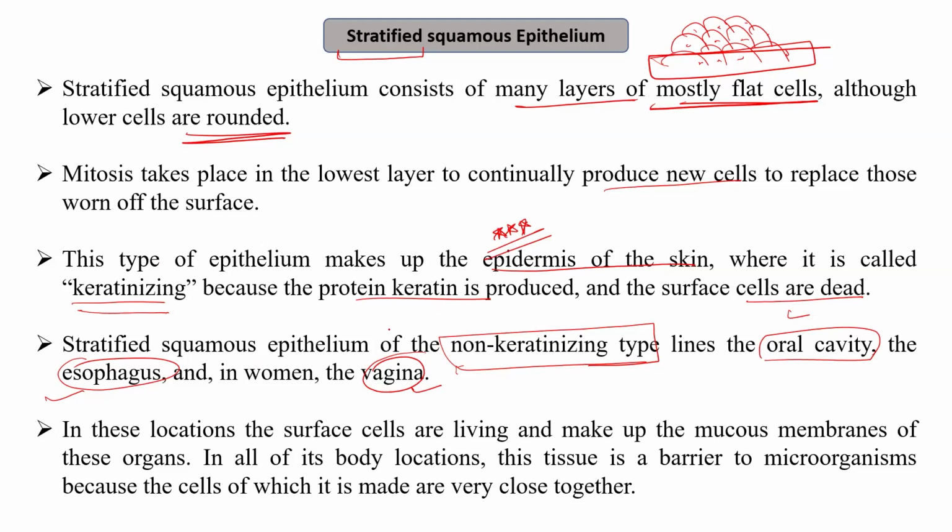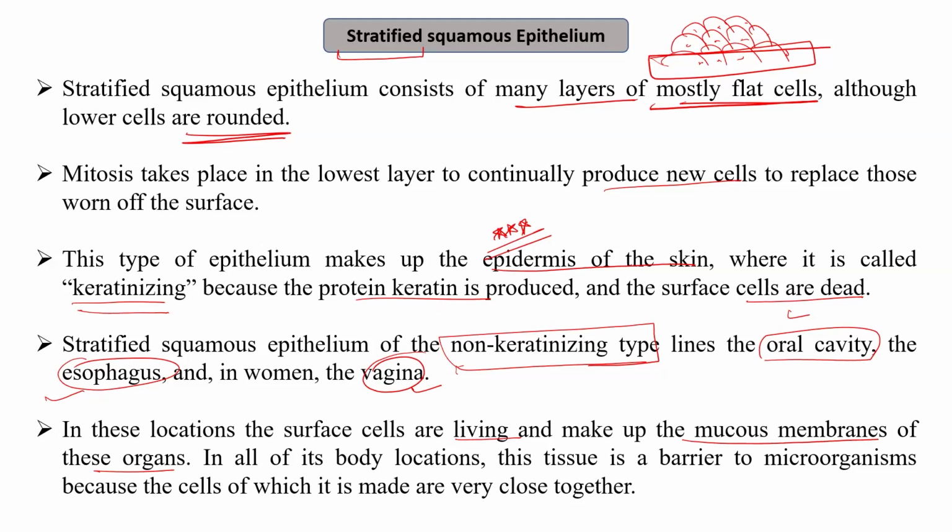In this location, what is the function? The surface cells are living and they make up the mucous membranes of these organs. For example, in the oral cavity, the esophagus or the vagina, there is a production of mucus. Because the upper surface cells are living, they continuously secrete mucus-like substance.